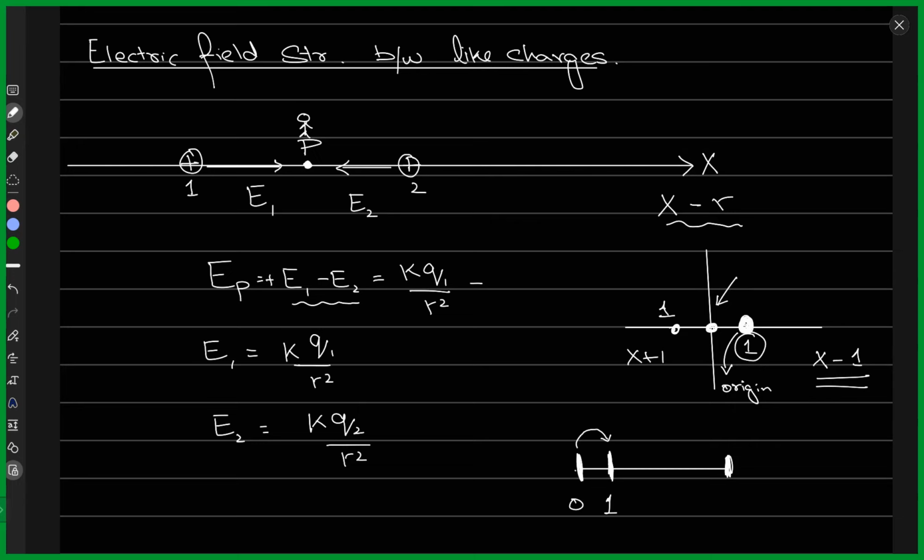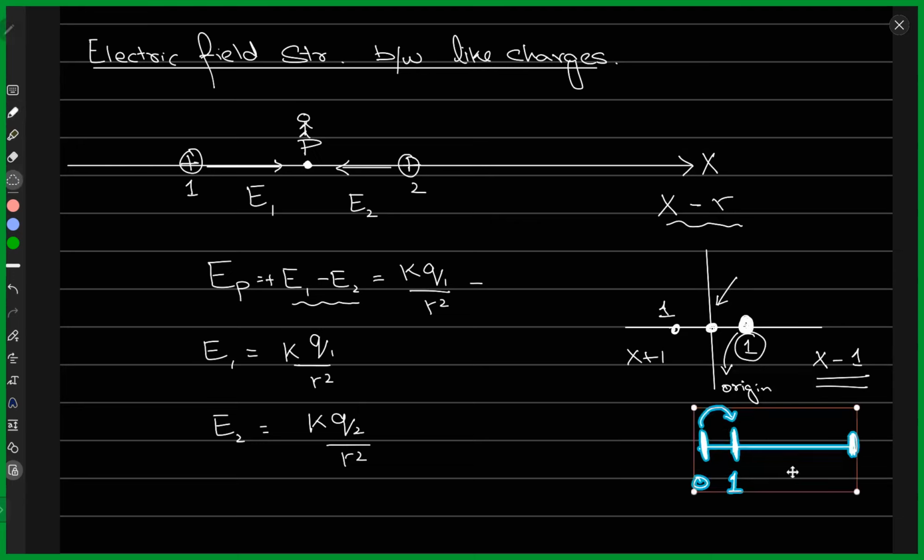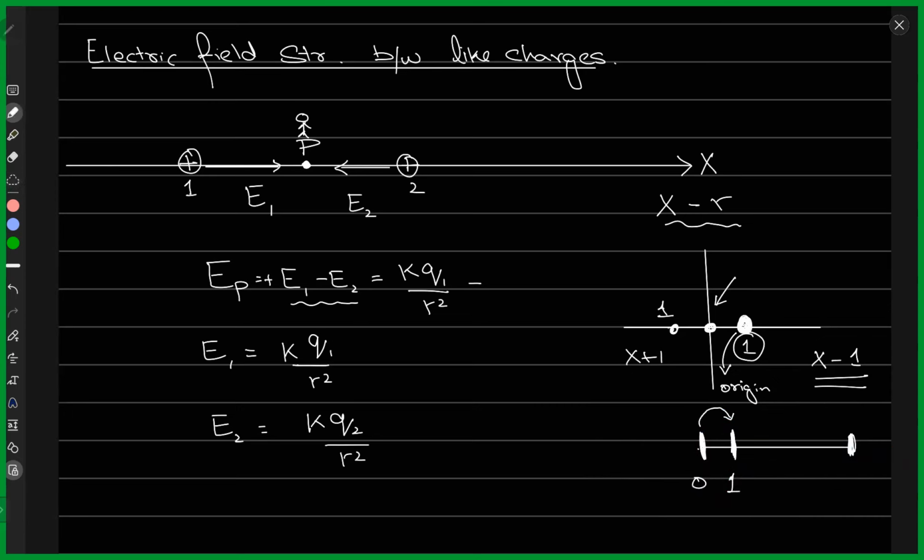Okay, perfect. All right, so let me move this over there. The only reason that we're doing this x minus r or x plus r is so that we are not talking about any special case where the point P is at the center.